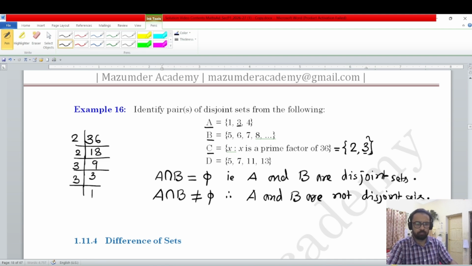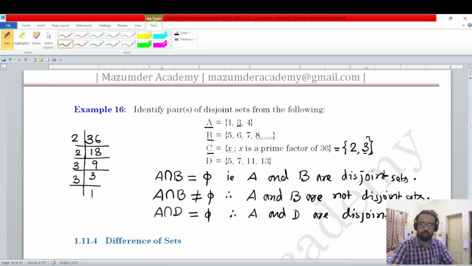Now suppose A with D. Obviously, A with D also has no common element, therefore A and D are disjoint. A intersection D equals phi, therefore A and D are disjoint.